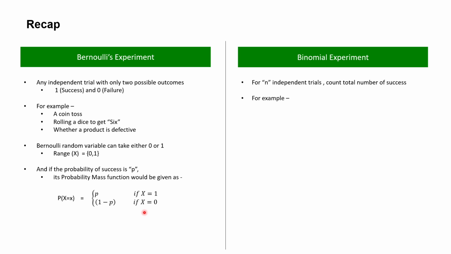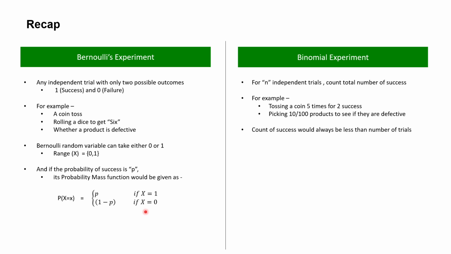For example, in a Bernoulli experiment you toss a coin one time and there are only two outcomes, 1 or 0. Here you can toss a coin 5 times and count getting two successes out of these five chances. Or another example could be if you pick 10 out of 100 products, how many of them are defective or not defective.